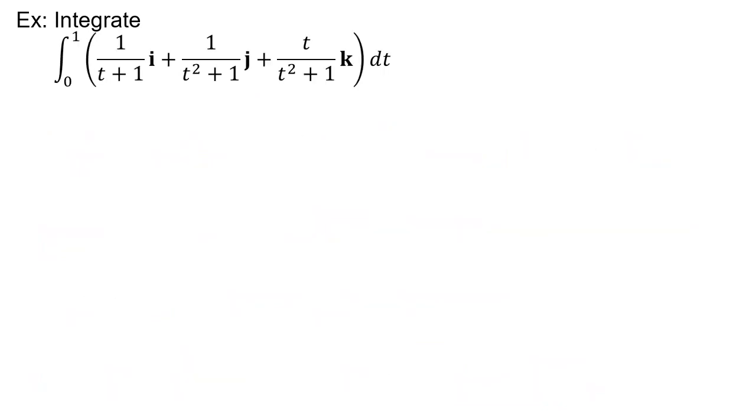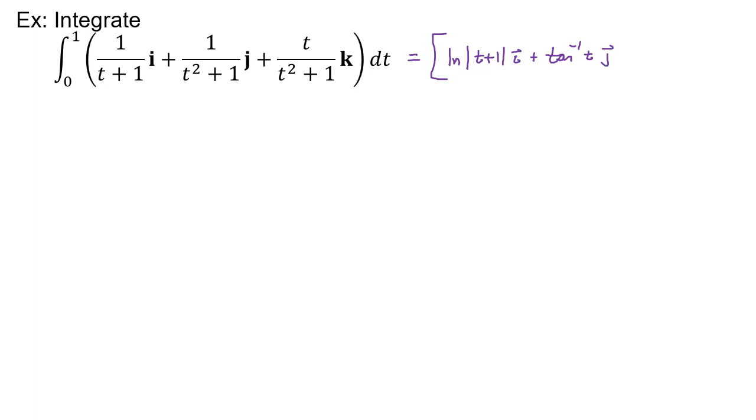Okay, how about this one? This one probably looks more complicated, but it's actually a lot easier. These are already set up as how you would integrate it anyway. The first one, the 1 over t plus 1, that's the rule for the natural log. This is the natural log of t plus 1. The second one, that is the rule for tangent inverse.